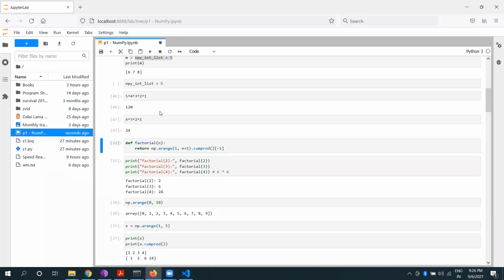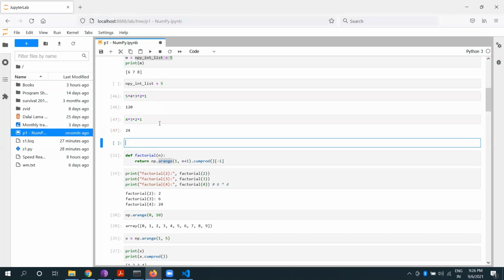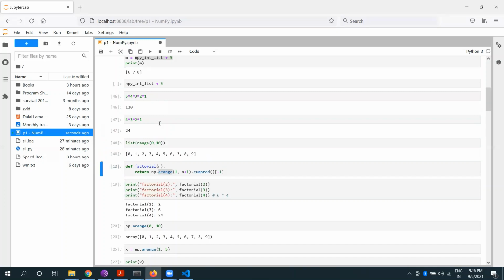Now we have to implement this using NumPy. How do we do that? Well, NumPy gives us an arange function. The arange function is kind of like the range function that you must have seen in Python: range 0 to 10 gives you all of the elements from 0 to 9.